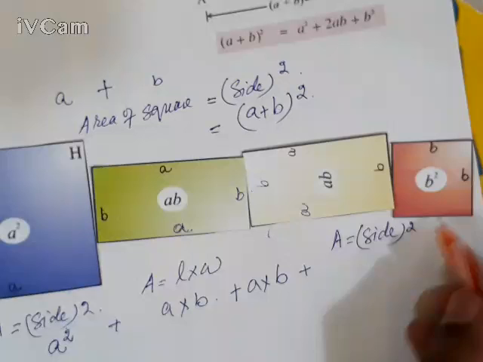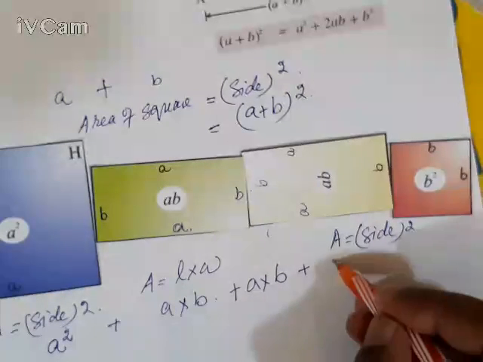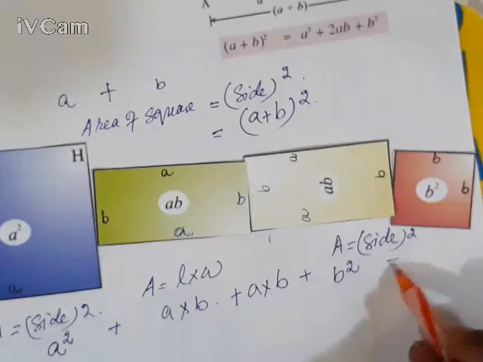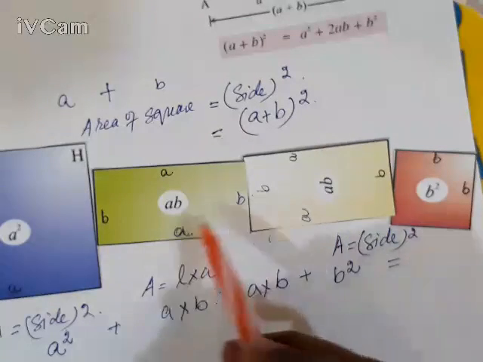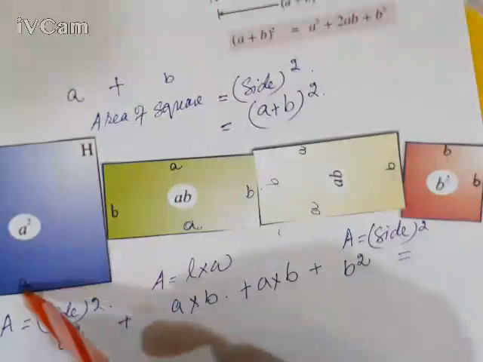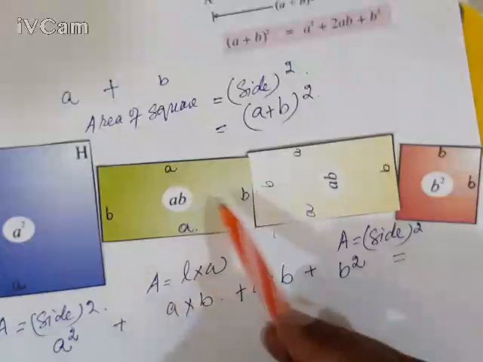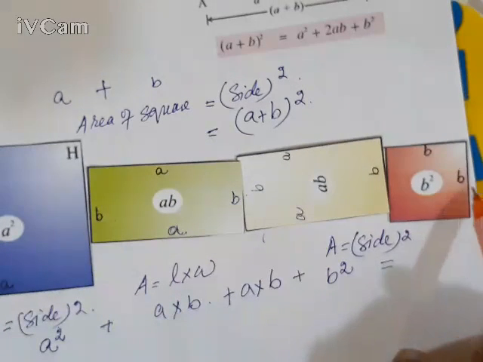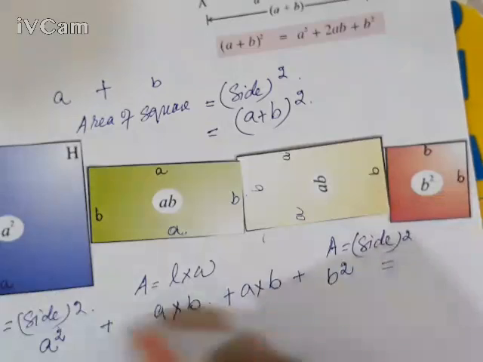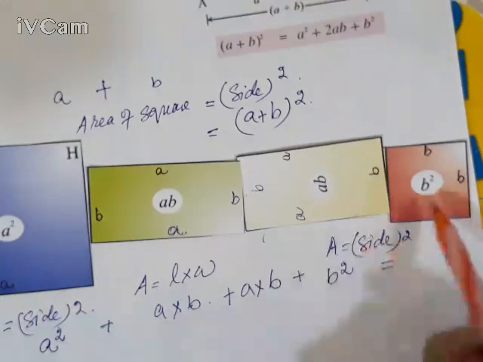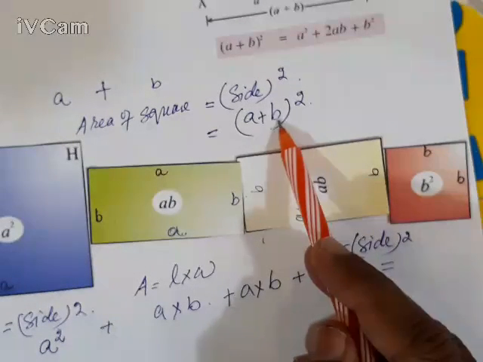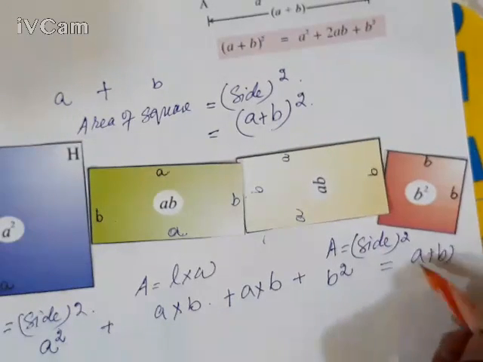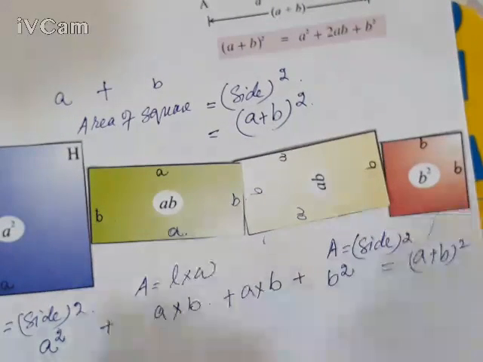So we substitute this value b, that's b square, which is further equal to, all the areas added: area of the big square, area of two rectangles, and area of the small square. All these areas added are equal to this side square, so a plus b whole square.